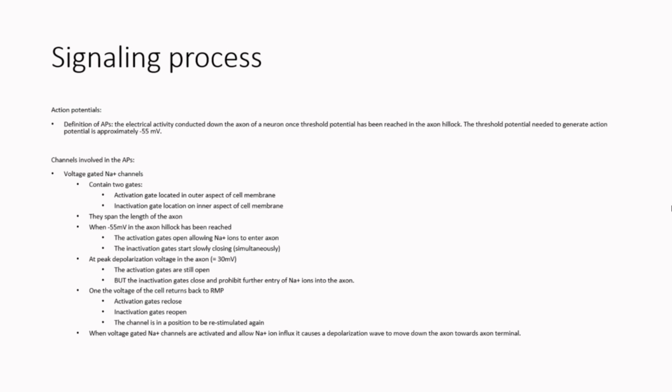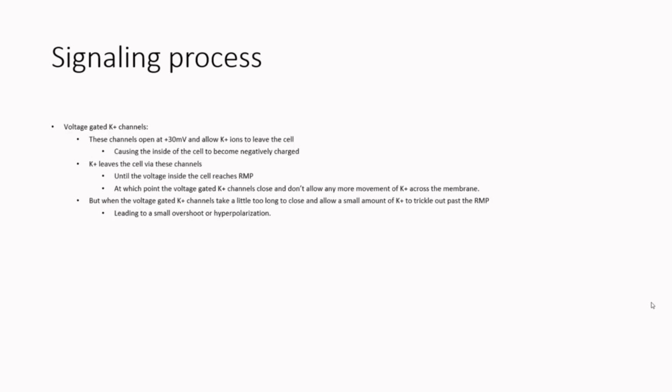And when we reach minus 55 millivolt in the axon hillock, the activation gates will open up and they will allow the sodium ions to enter the cell. The inactivation gates will slowly start closing simultaneously. And when we reach our peak at approximately plus 30 millivolt, the activation gates will still be open, but the inactivation gates will close and stop further entry of sodium.